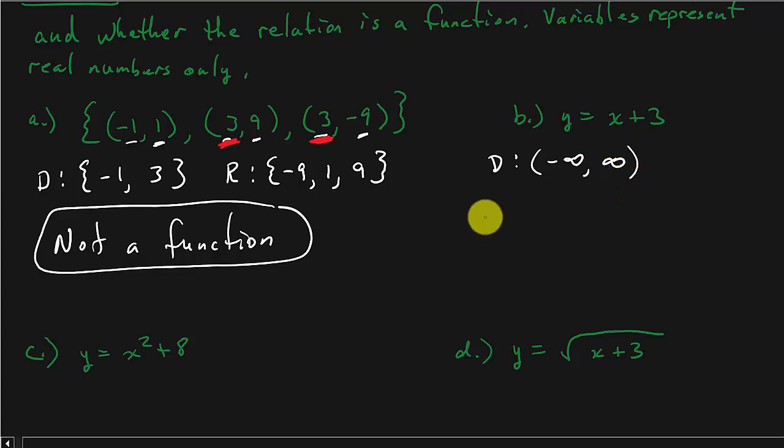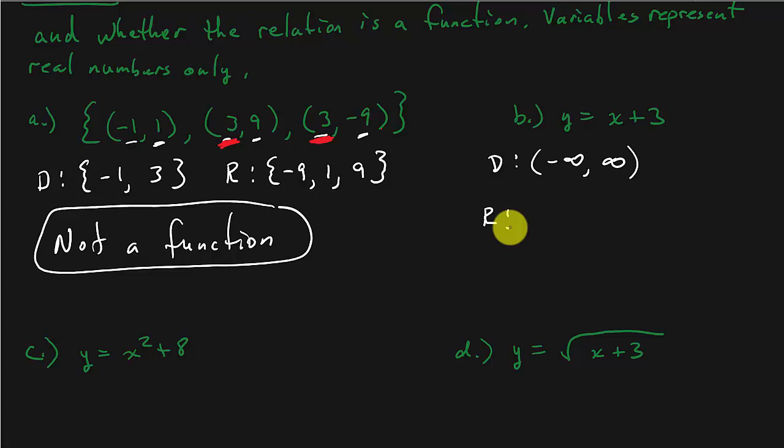There's my domain. Now, what about the range? The range is the numbers we're going to get out. If I plug in numbers from 0 to infinity in here, I'm going to get answers from 0 to infinity.